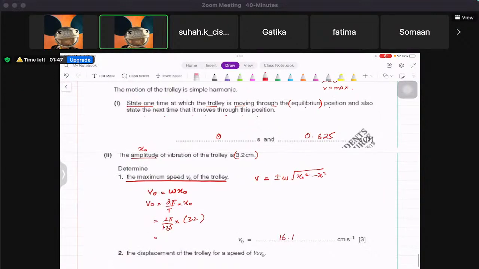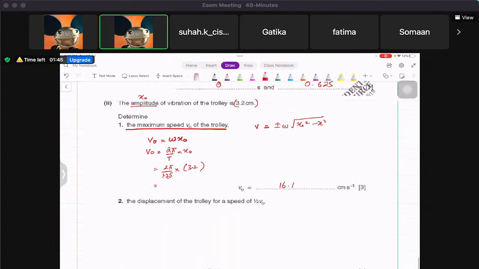Okay. Then it says find the displacement of the trolley for the speed of half V naught. Half V naught, right. So now we're going to use the formula v equals omega times the root of x naught squared minus x squared. So half V naught means I'm going to put half V naught here.